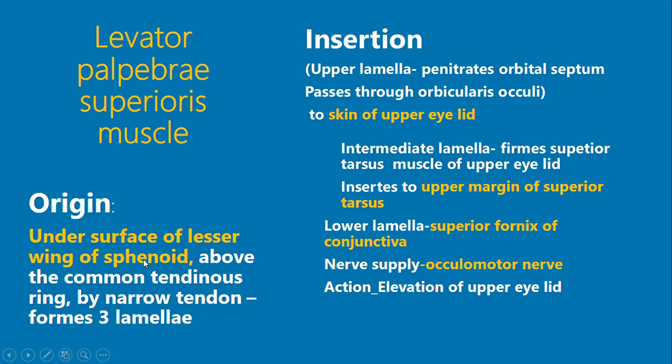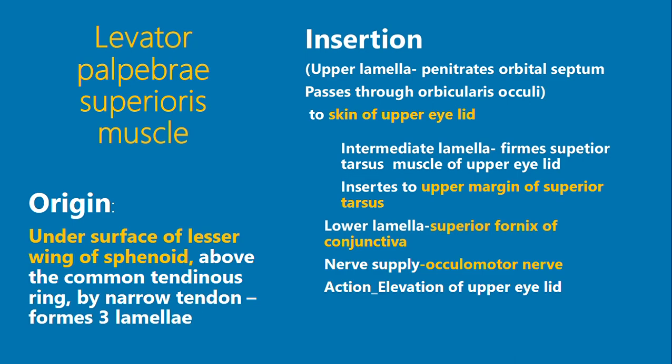You have studied the sphenoid, you know the lesser wing of sphenoid, the greater wing and the body of sphenoid, isn't it? So it originates from the under surface of the lesser wing of sphenoid, above the common tendinous ring.